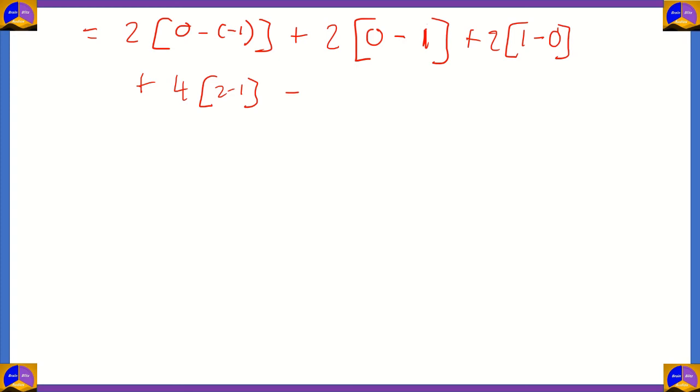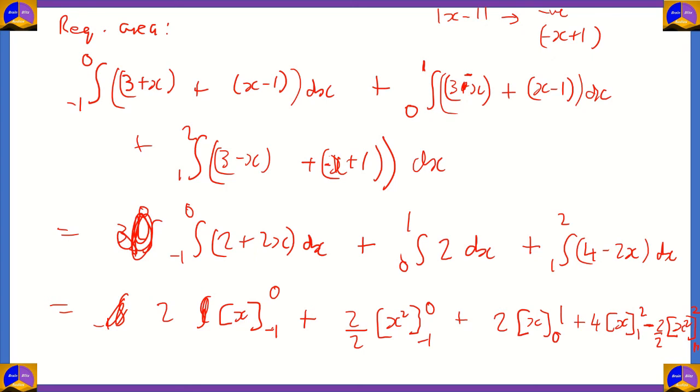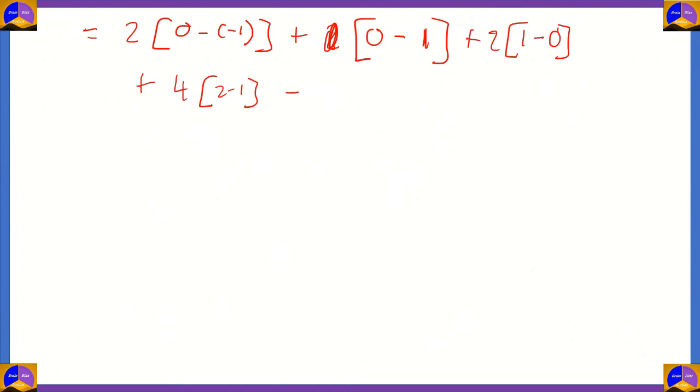And then you have minus, so over here the 2 gets cancelled by 1 by 2, so therefore there is nothing. So now you have minus 2 by 2 times x squared from 1 to 2. So that means x squared from 1 to 2 will be 4 minus 1 inside the bracket. So 0 minus minus 1 is 0 plus 1, that is 1. So 1 times 2 is 2.